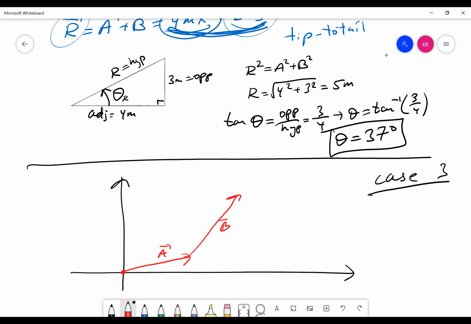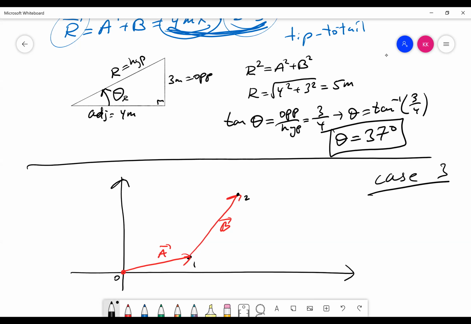This is vector B. That means this is the starting point, and this is point 1. Excuse me. So vector A is represented going from 0 to 1. And then this is point 2, and vector B is represented going from point 1 to point 2.